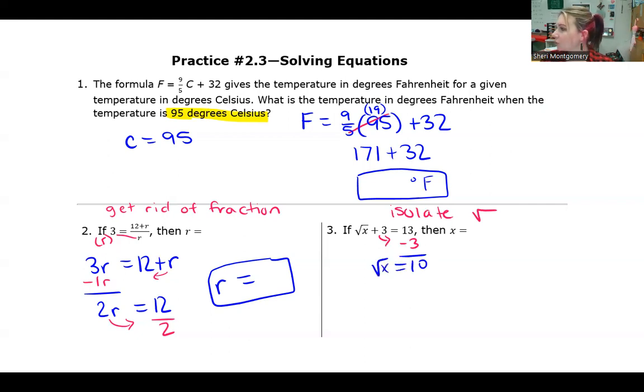How do we undo square root? Square. We're going to square it. So we're going to square this side. It'll get rid of the square root, and we're going to square 10. What's 10 times 10? Very good. That's the answer.